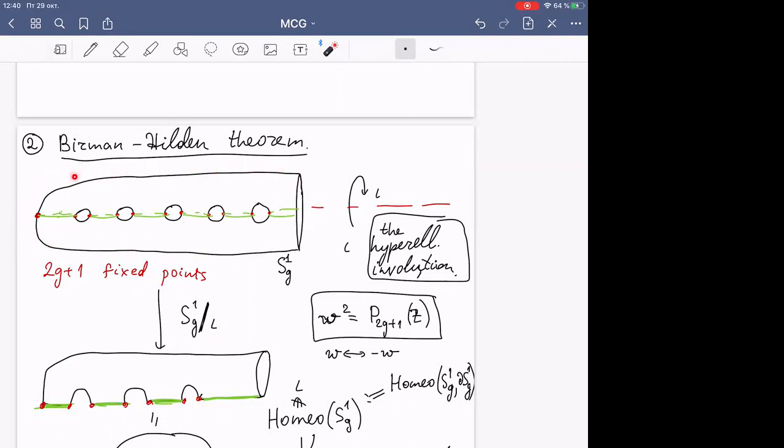So if we have a symmetric homeomorphism here, then we immediately produce a homeomorphism below, which preserves these points setwise.